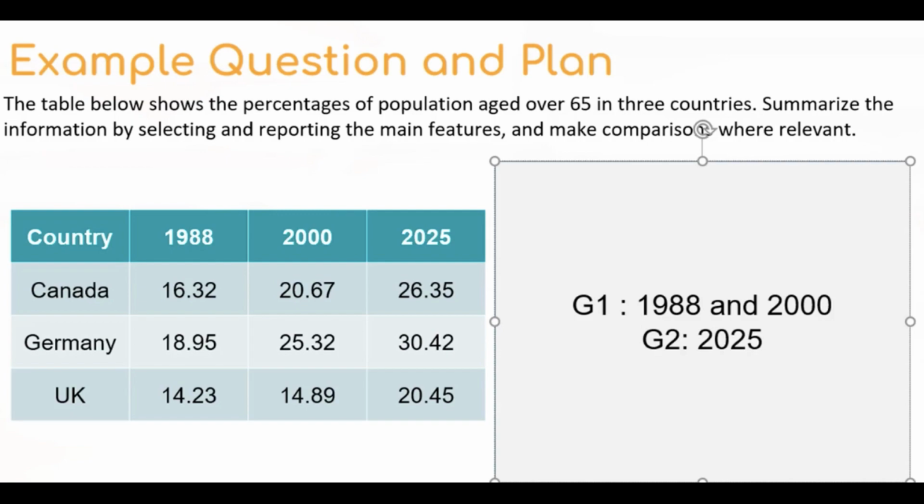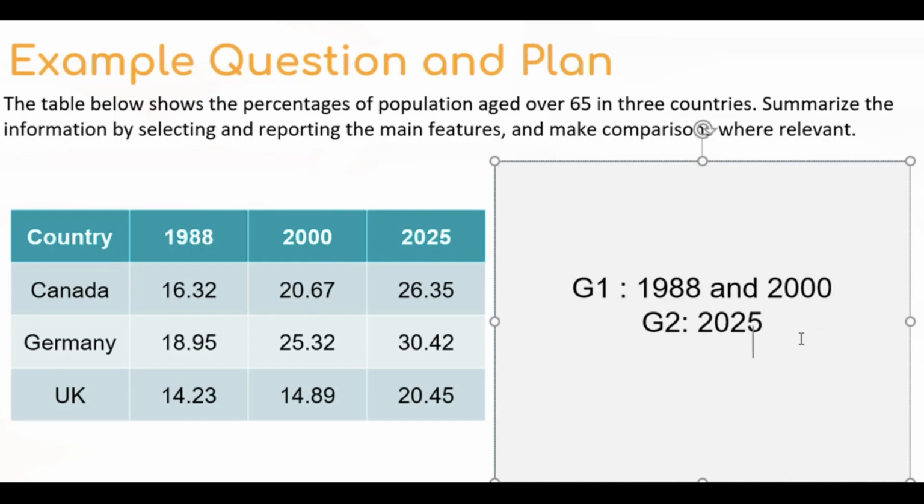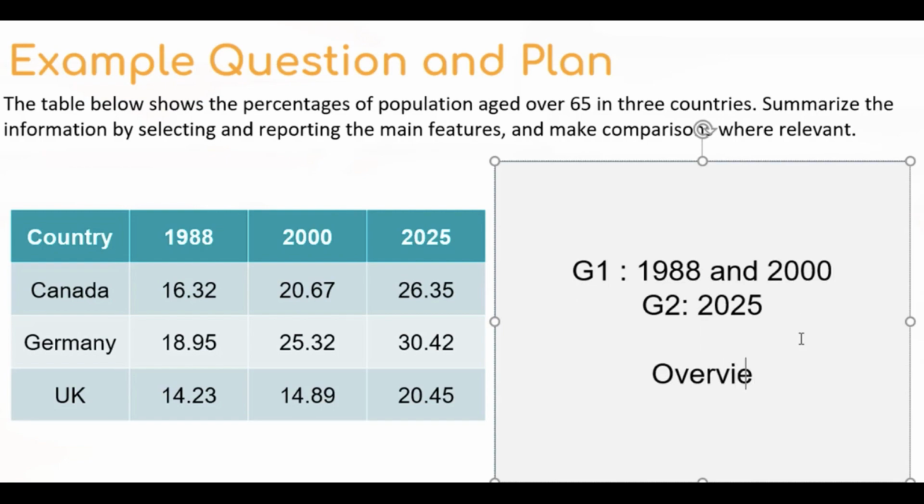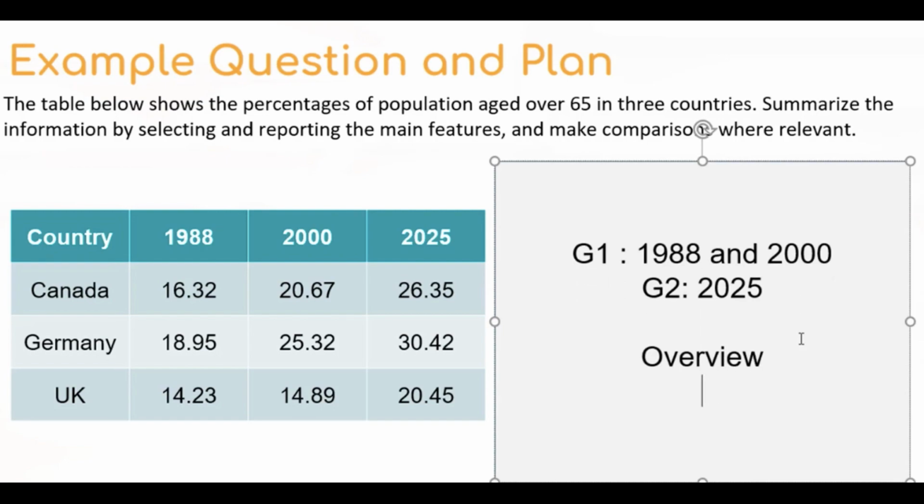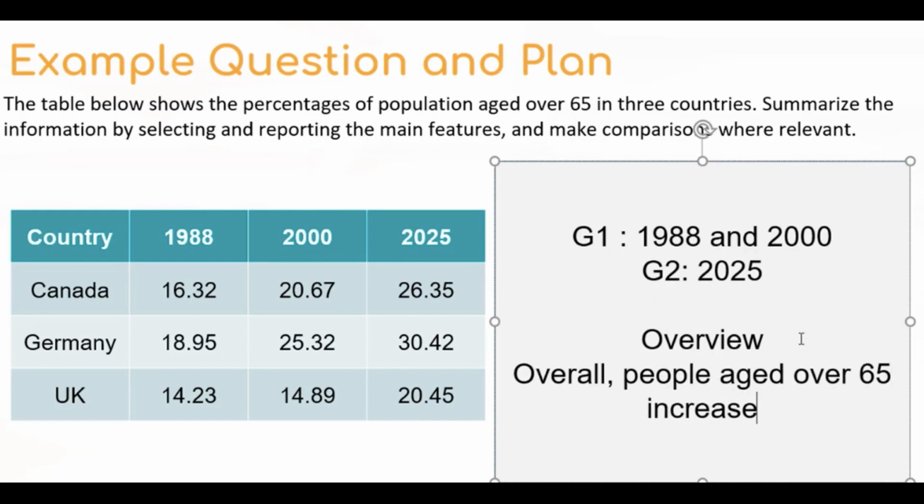I think from describing the table earlier, the most important thing that we can describe simply without going into too much detail is to say overall people aged over 65 increased in all countries and all years.